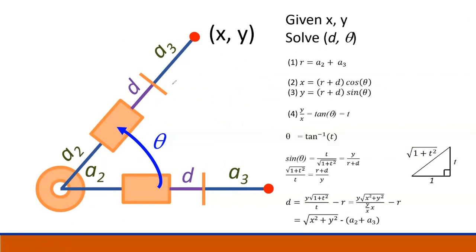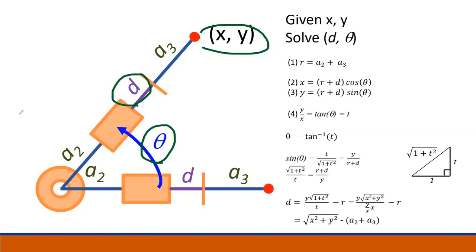So in that situation, we know about x, y, the final x, y location. We do know about A2, A3, but D is available, theta is also available.